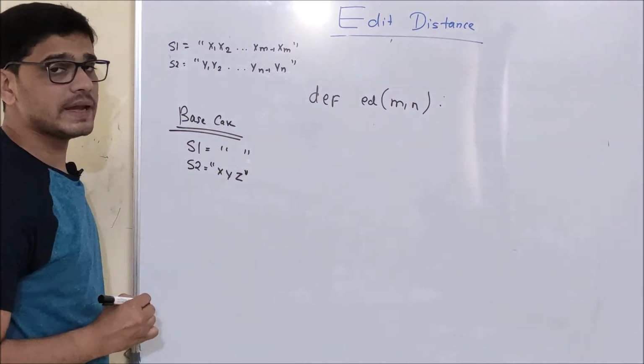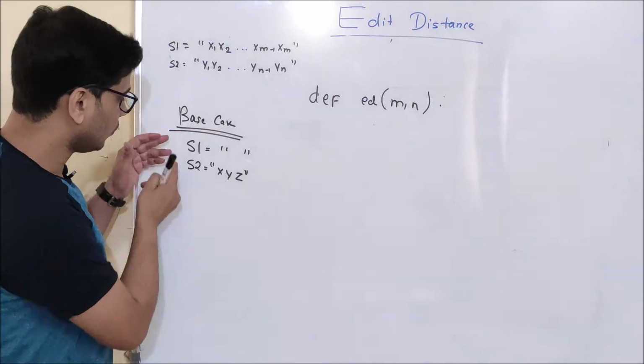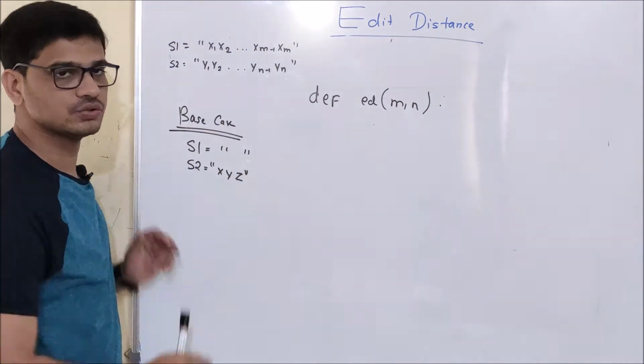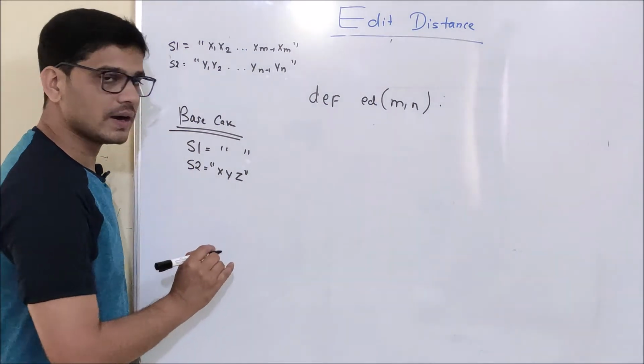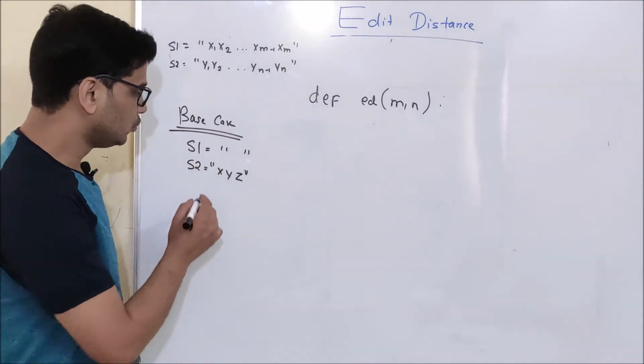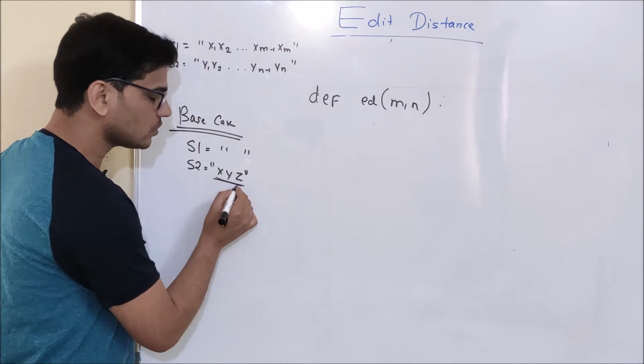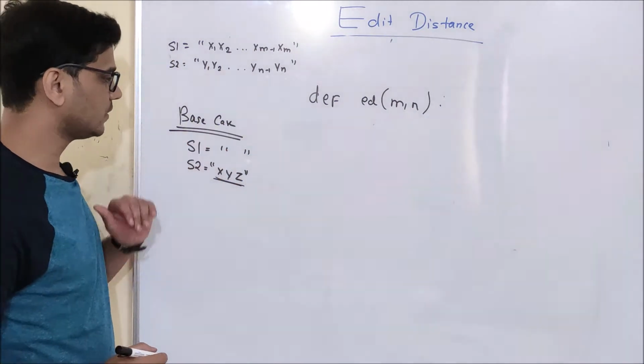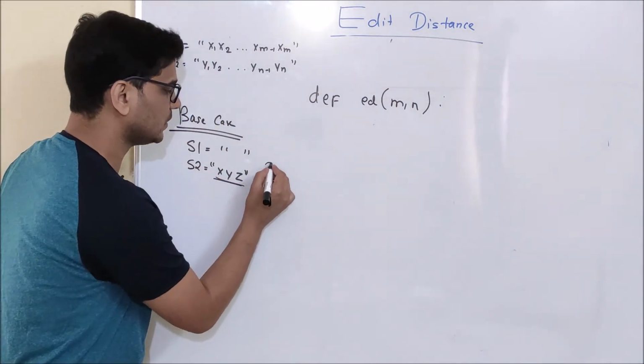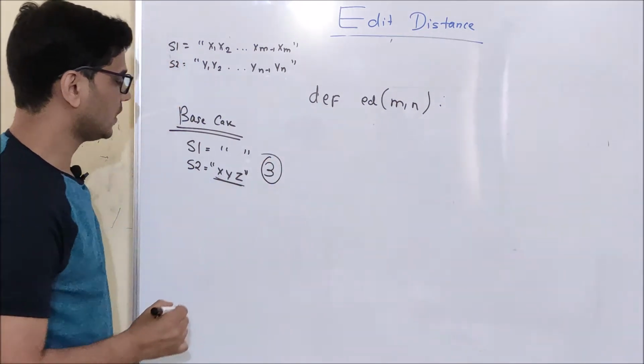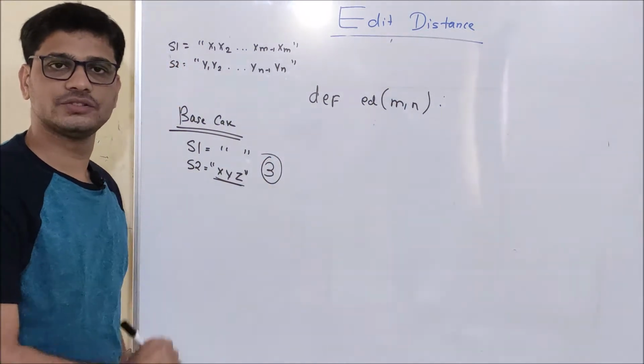Then how many operations will be required to convert S1 to S2? So basically what you are going to do here is that you will insert each of these characters in S1. So the total operations required will be 3, where 3 is the length of the second string.